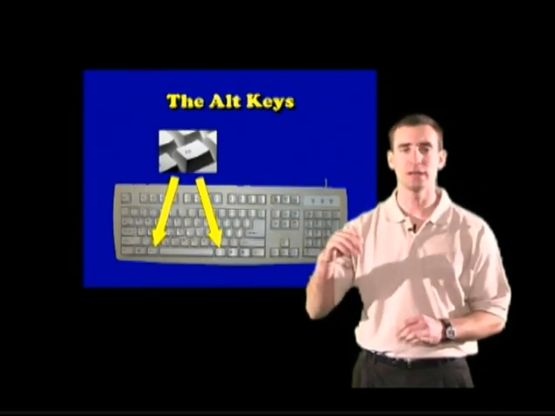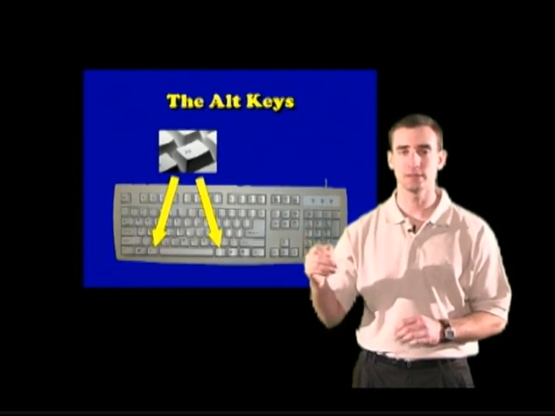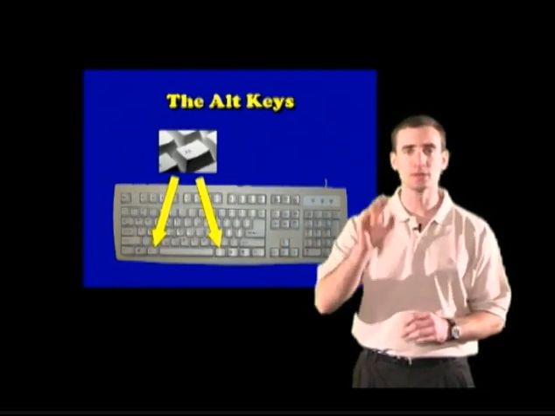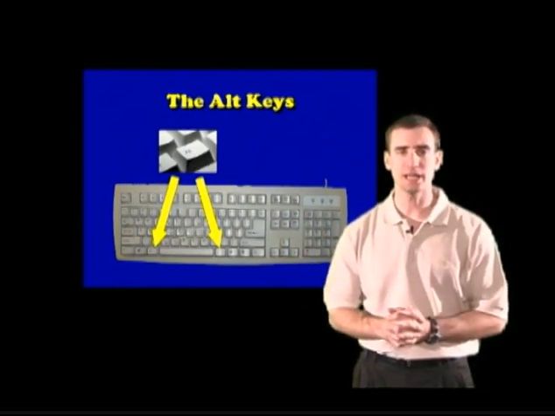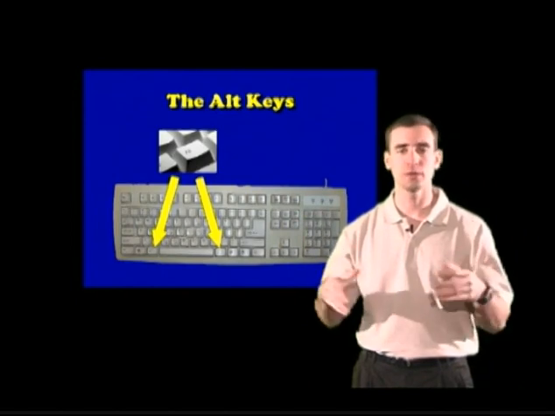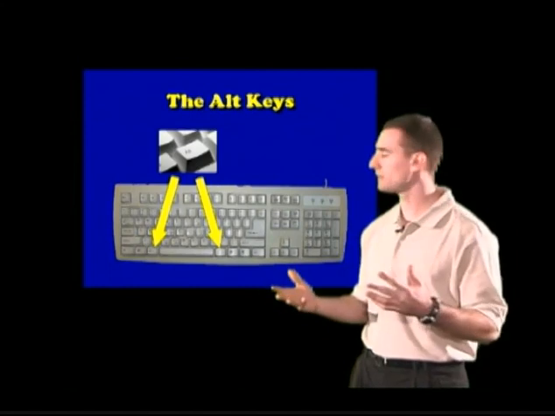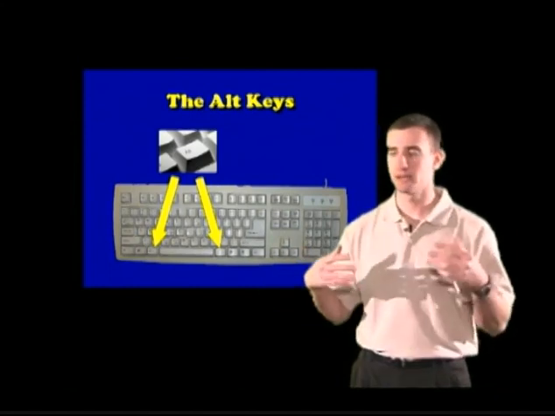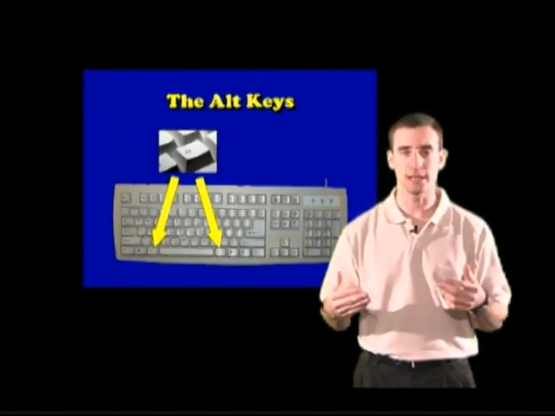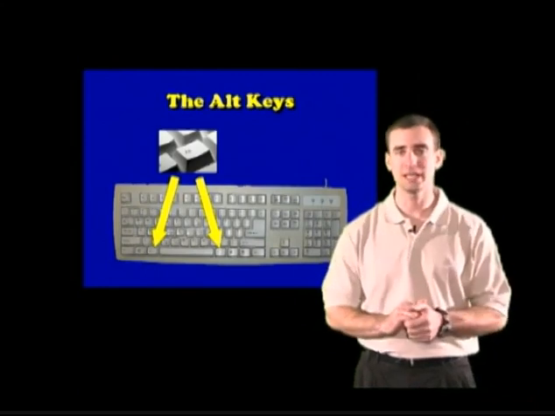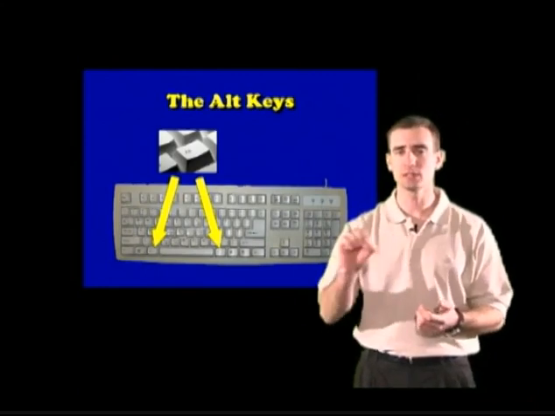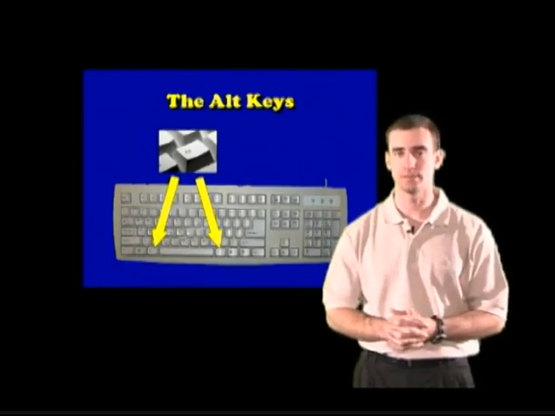Take a look at your menu bar. You have File, Edit, Format, etc. Take a look at the first letters in each of those menus. They look normal. They're just capitalized, capital F in File, capital E in Edit, capital F in Format, etc. Press your Alt key one time, and each of those letters will become underlined.